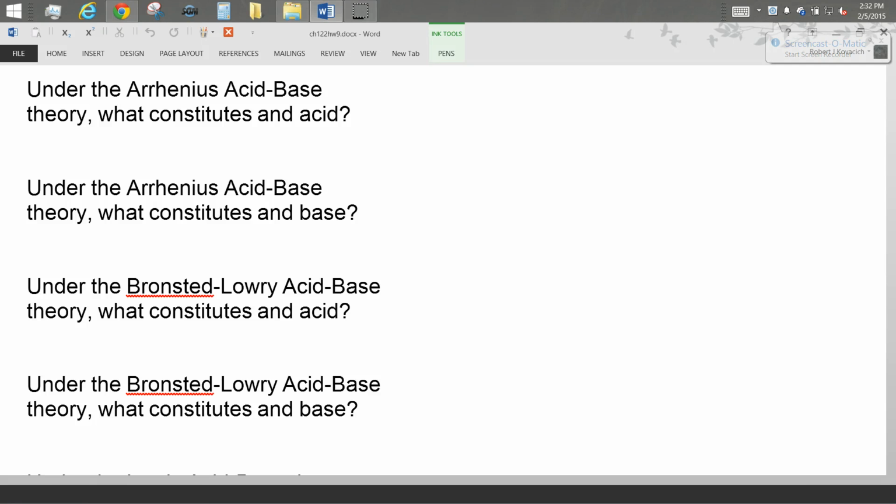Okay, so this first one, what constitutes an acid under the Arrhenius acid-base theory? Something that produces hydrogen ions.